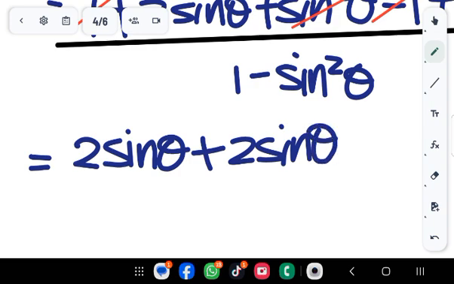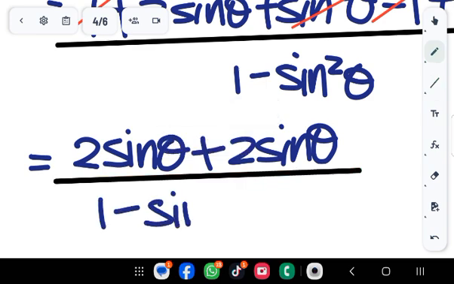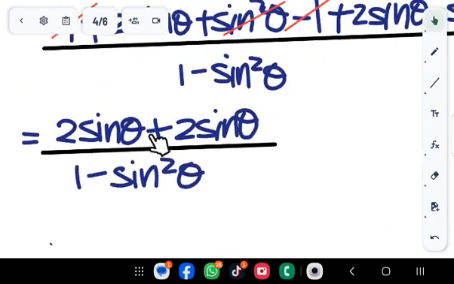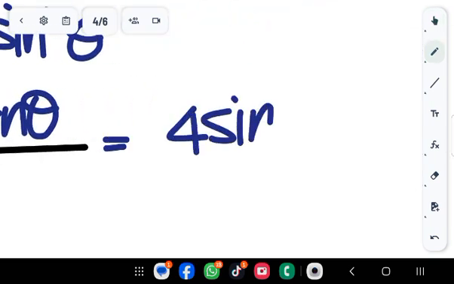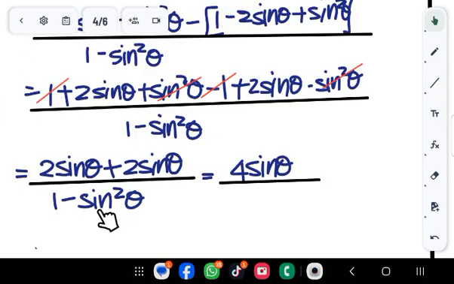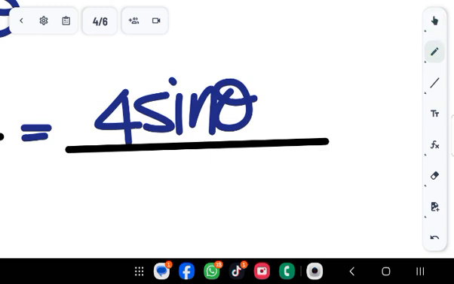All over 1 minus sine squared theta, which is equal to 4 sine theta over 1 minus sine squared theta, which is also cos squared theta.